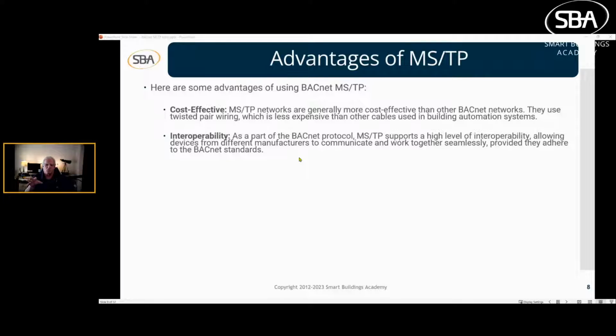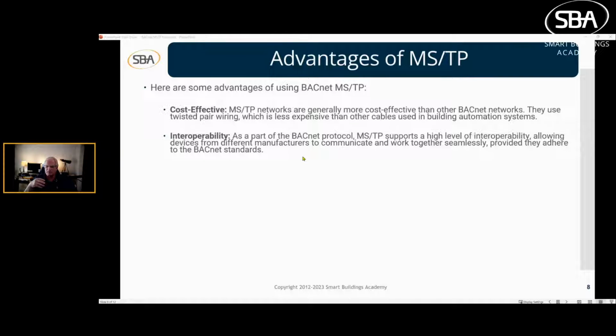Interoperability. You're going to hear this word a lot in the BACnet world. Interoperability is part of the BACnet protocol of MSTP, and it supports a high level of interoperability. Now, what this means is it allows devices from different manufacturers to communicate and work together seamlessly, provided they adhere to the BACnet standards. And you can actually go to BACnet.org and read the standards.